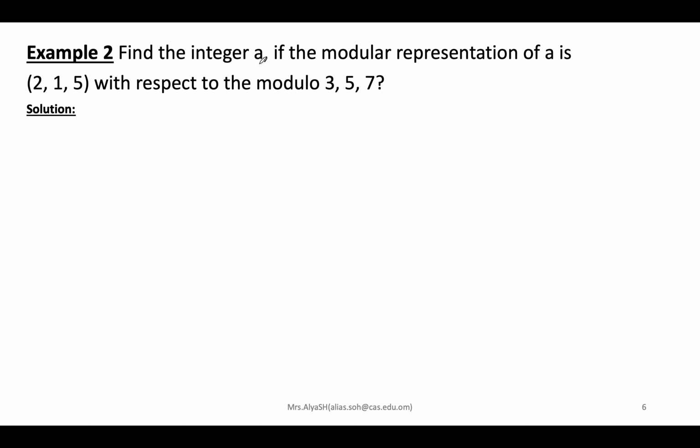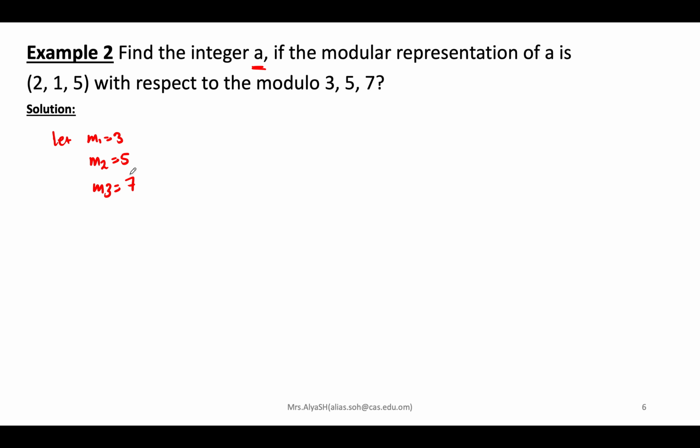We need now to find the integer a if the modular representation of a is 2, 1, 5 with respect to the modulo 3, 5, 7. Now I have the modular representation and the modulo, I just need to find a. So let's first find the range of a. Here we have m1 equals 3, m2 is 5, and m3 is 7.